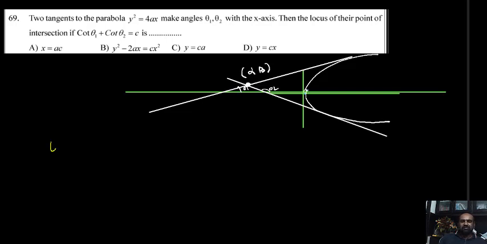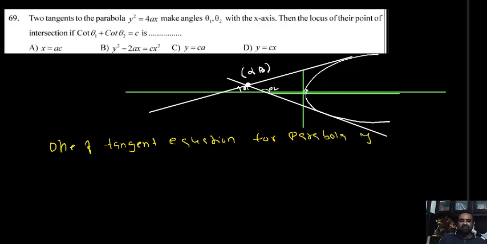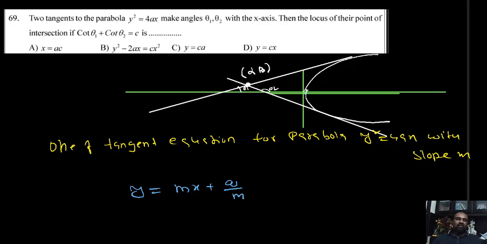One of the tangent equations for the parabola y squared equals 4ax with slope m is y equals mx plus a by m, the slope form.